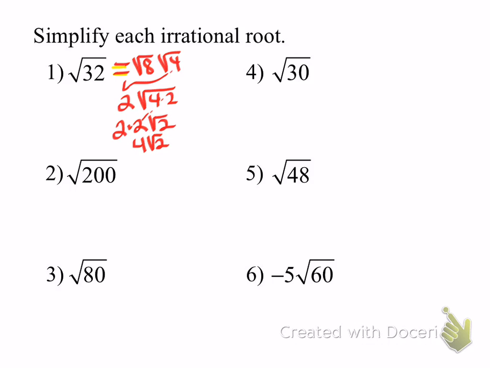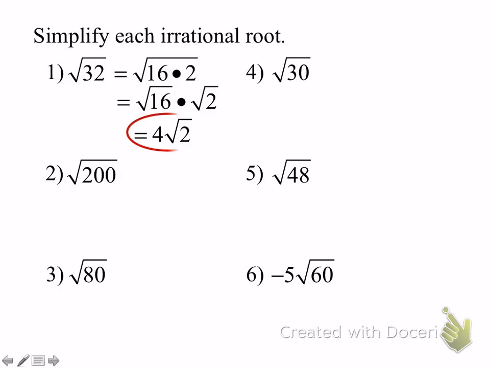But do you see how simple it would be if I had done it by 16? 16 times rad 2. So that's 4 rad 2. Now, I keep hearing the question, do I have to simplify this 4? Nothing out of the radical gets simplified unless they're multiplied together by the next one.